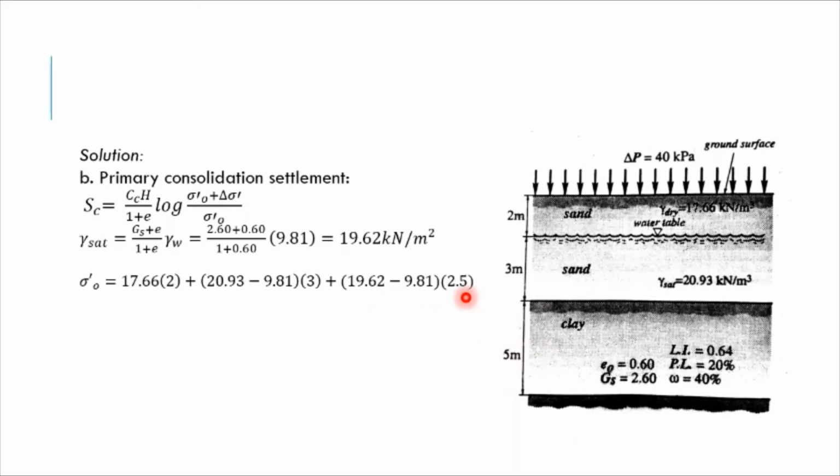So that would be 2.5. And the overburden pressure at the mid-height of the clay layer is 93.13 kPa.